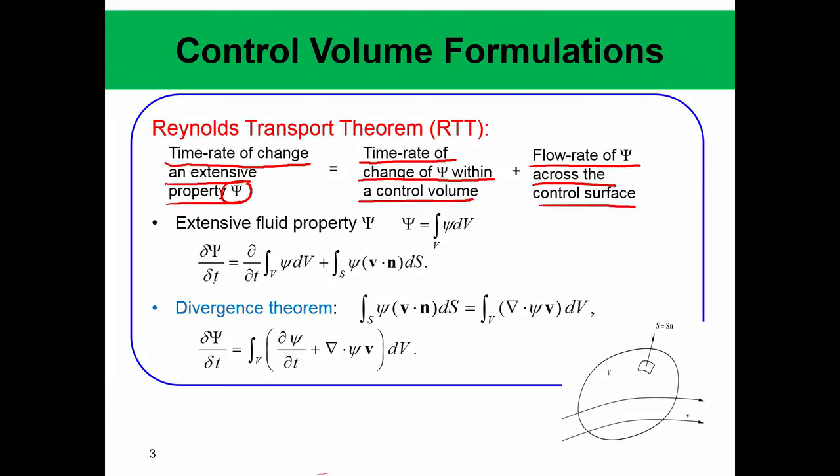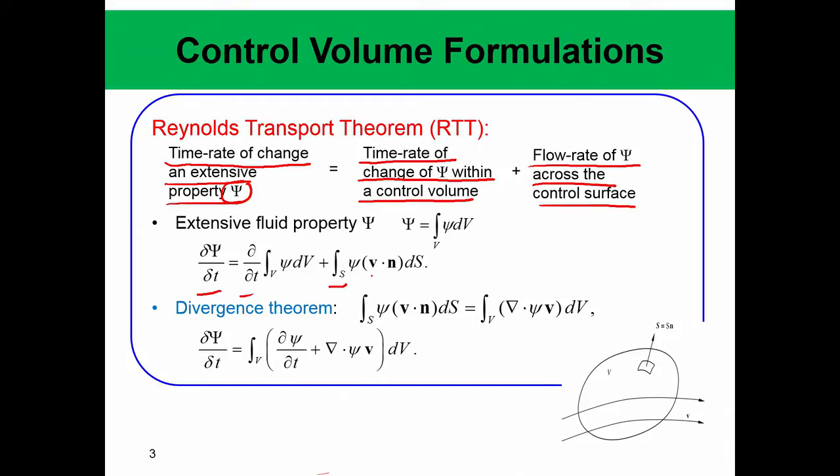So, this says that dXi/dt, that is the total derivative of this property Xi following it in a system sense, is equal to the partial derivative ∂/∂t of the integral of xi dV over the control volume, plus the integral over the surface of xi times v vector dot n-cap dS, where n is the surface normal.